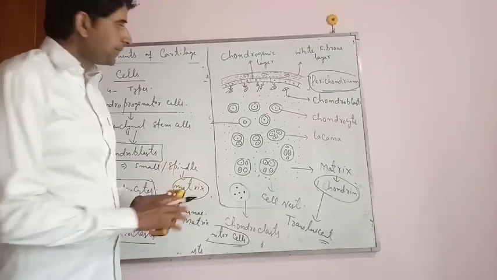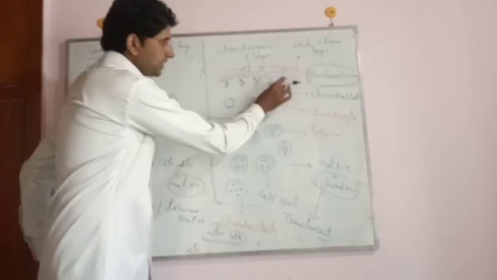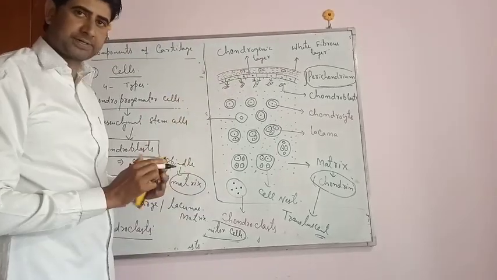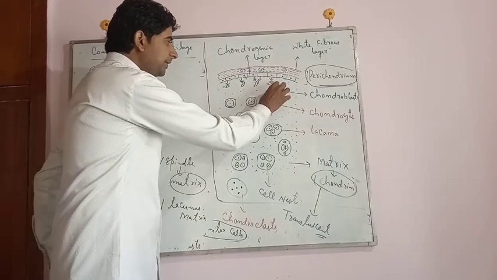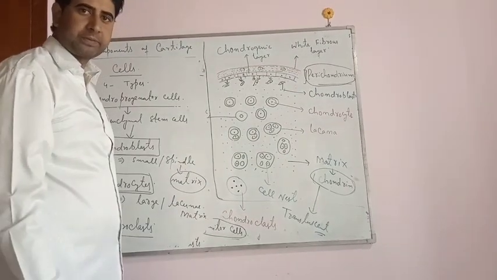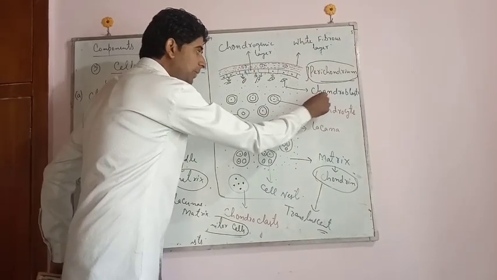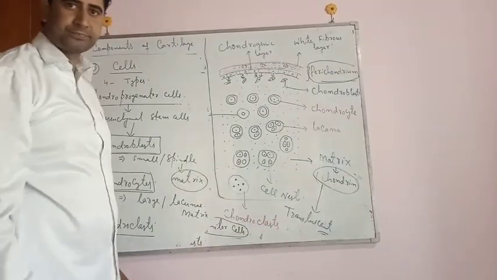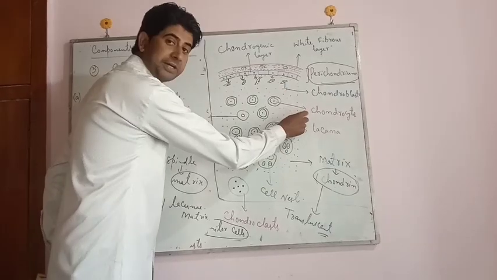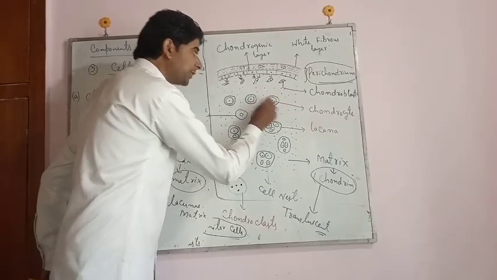Actually क्या होता है, ये chondroblasts initially छोटे होते हैं, they secrete the matrix. Now later on they grow in size. When they grow in size, उन्हें large sized chondroblasts को हम कहते हैं chondrocytes. And these chondrocytes, they remain embedded within the lacunae of the matrix.